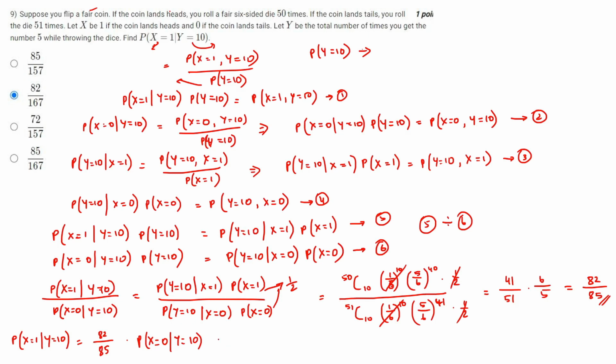Now upon simplifying this, we'll have P(X=1 | Y=10) is nothing but 82 by 167.